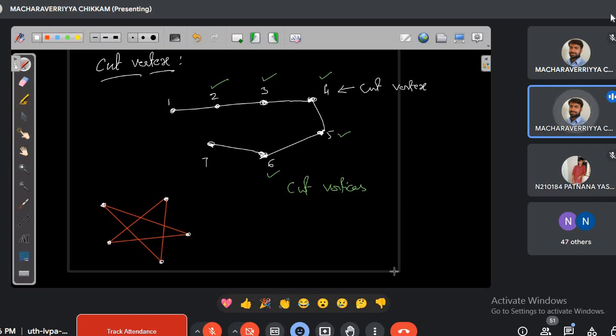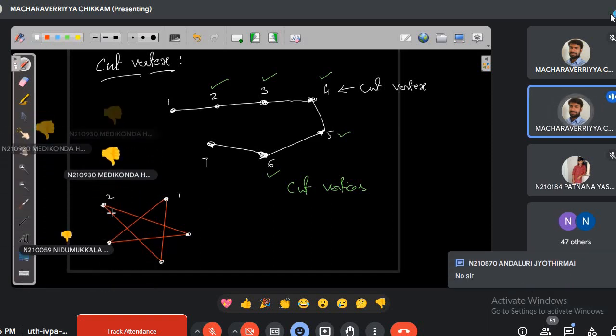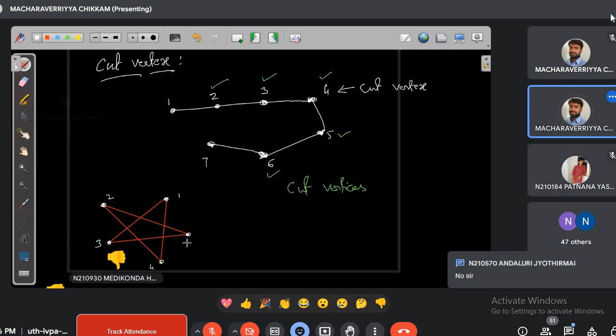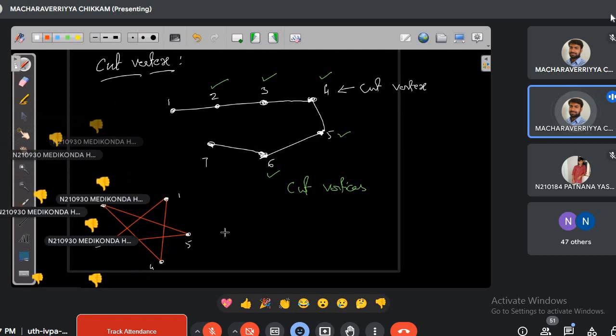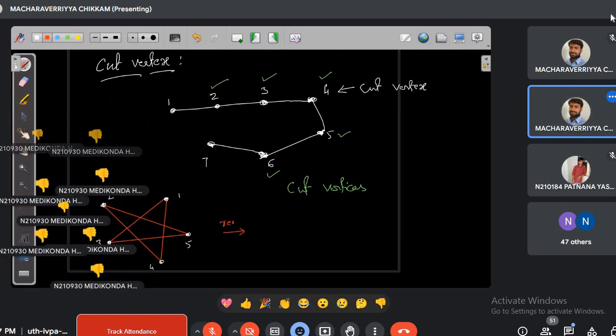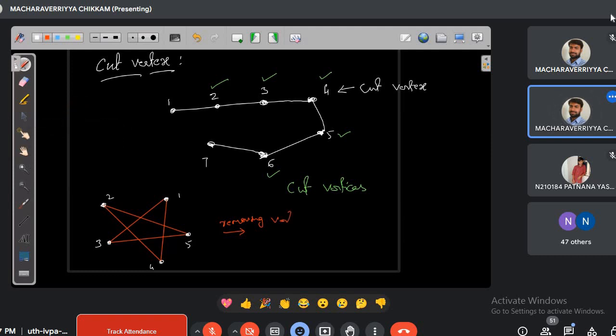So you remove any vertex here. For example, let me name the vertices 1, 2, 3, 4, 5. By removal of the vertex 1, what is the graph we are going to get? Removing vertex 1, we will get this graph.